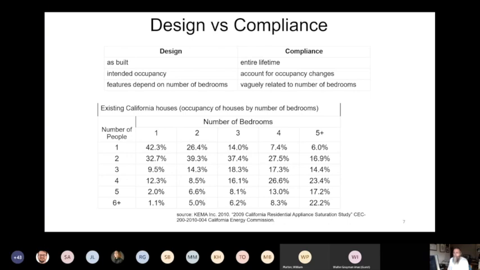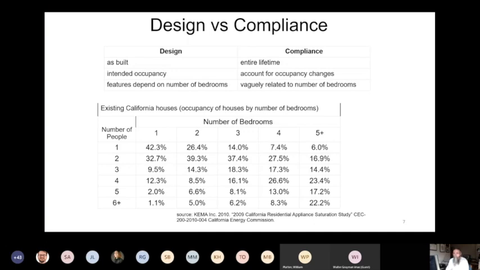So this is looking at, for the number of housing units by number of bedrooms, how many people are in that building statistically.